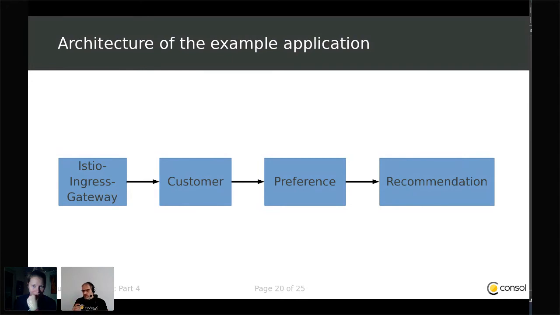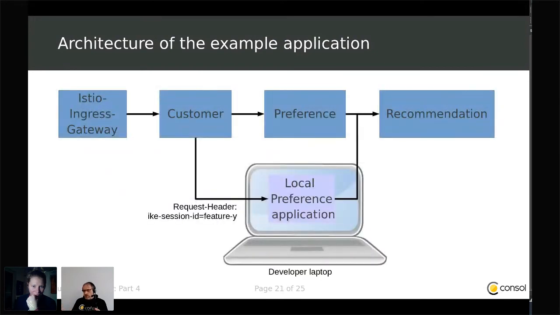With Istio Workspace, what you can do is put your application, your preference service in that case, running on your local laptop right next to the preference service that is running on production.